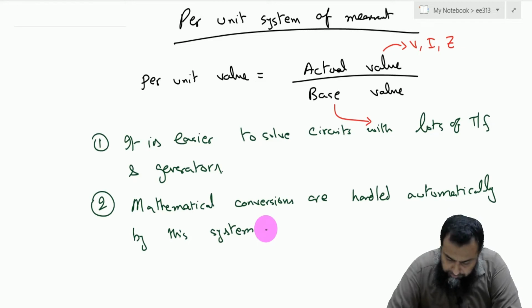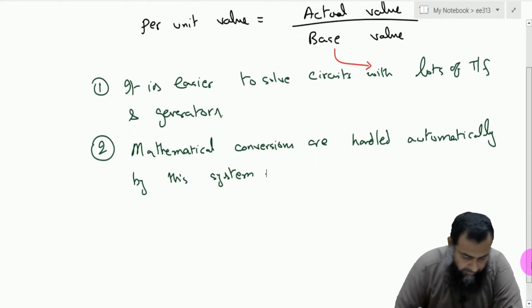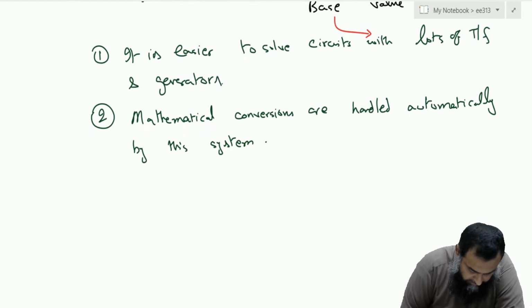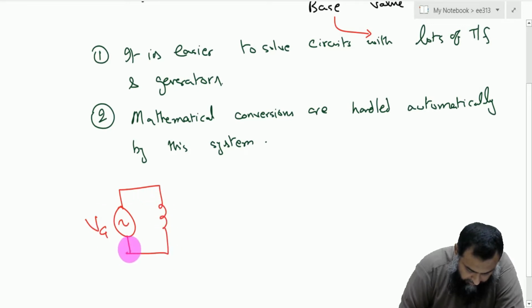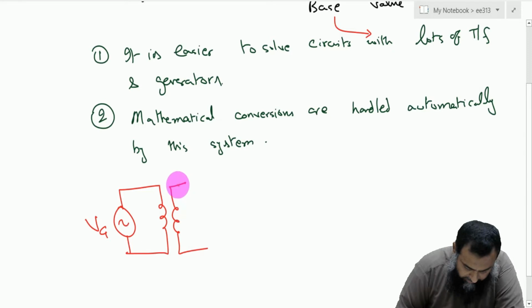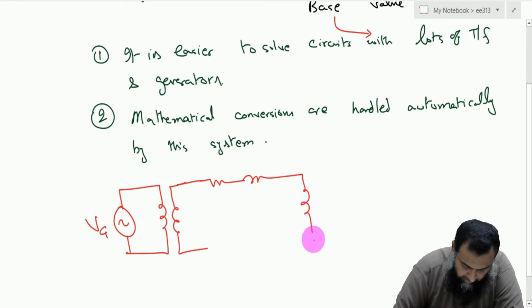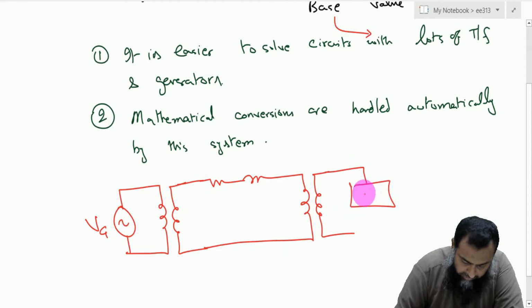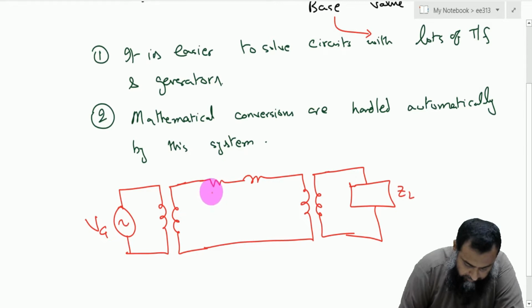For example, if we have a system, let us say this is our generator. Here we have a transformer, and this transformer is a unit transformer, so it is connected with some transmission line, which is then connected to another transformer which is feeding some load, and that load has some impedance, this ZL, and this is the ZTL.